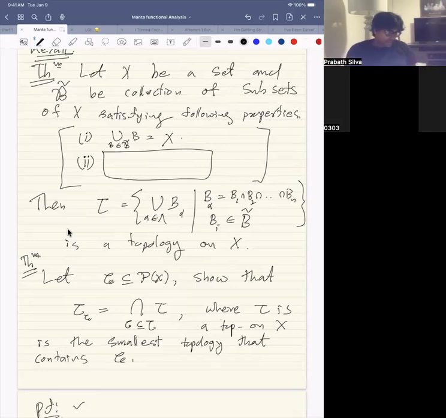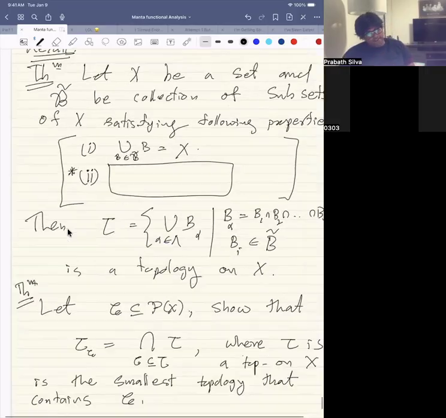Yeah, let's look at these properties. Let's look at it in Piazza. Okay. But you understand what I'm going at, and then see whatever the conditions.